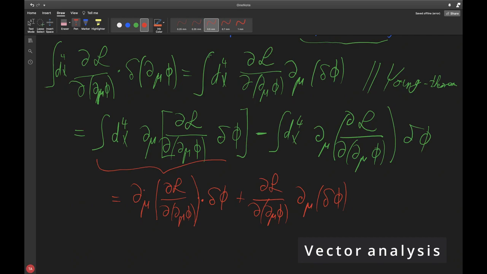So when we have a divergence of something, we can include it in the Gauss law and transform a function into a surface integral, and then we need to make the integral on this surface.